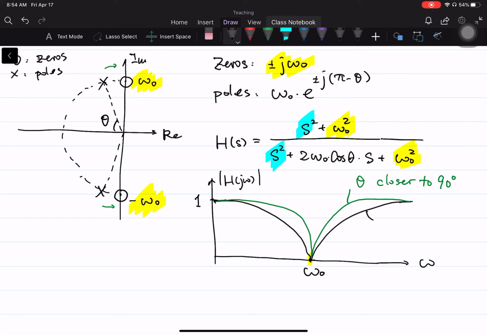And this curve here is theta farther away from 90 degrees.